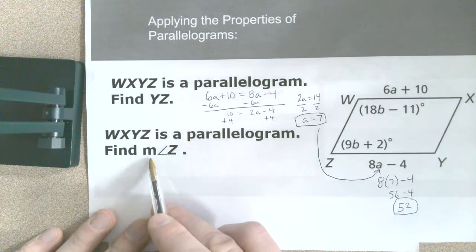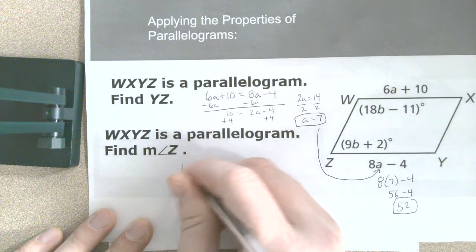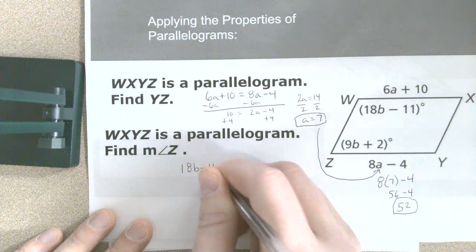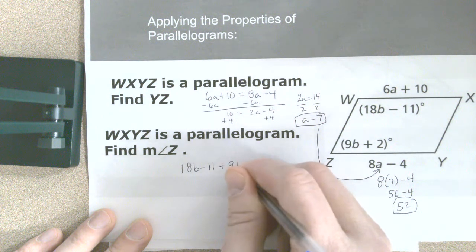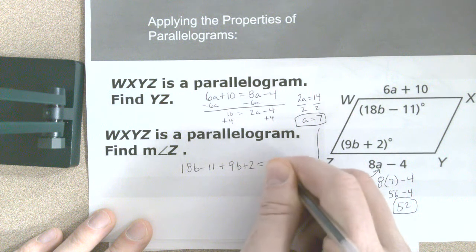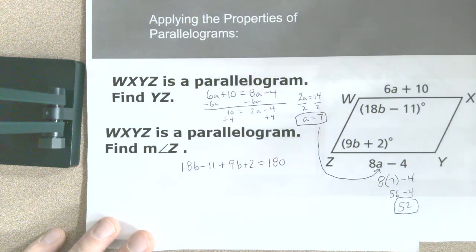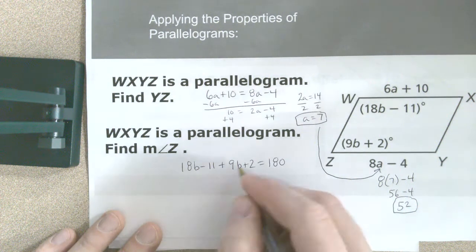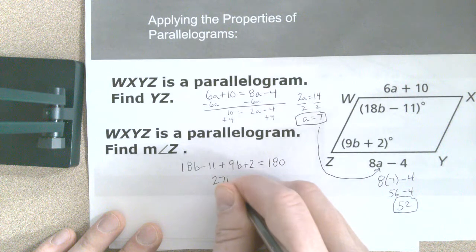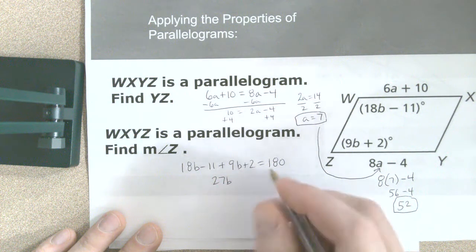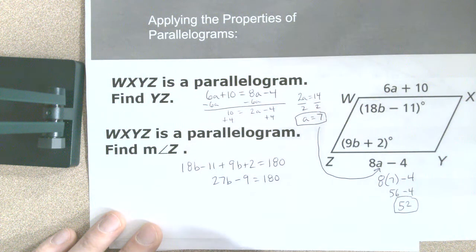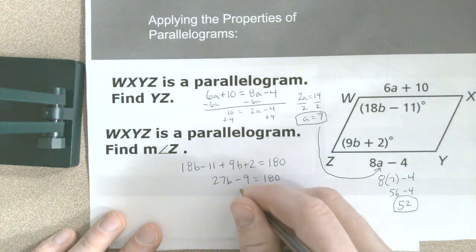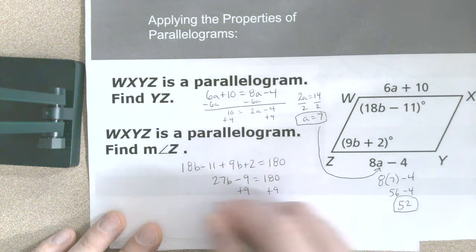So to find the measure of angle Z, we're going to say 18B minus 11 plus 9B plus 2 equals 180. If I combine my terms, 18B and 9B is 27B. Negative 11 plus 2 is negative 9. I'm going to add 9 to both sides.